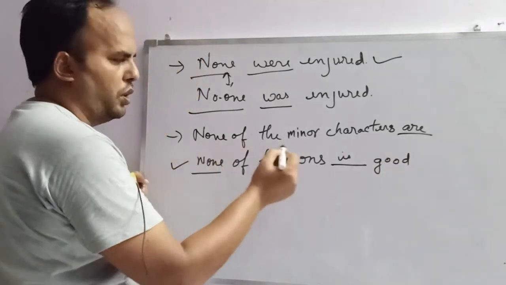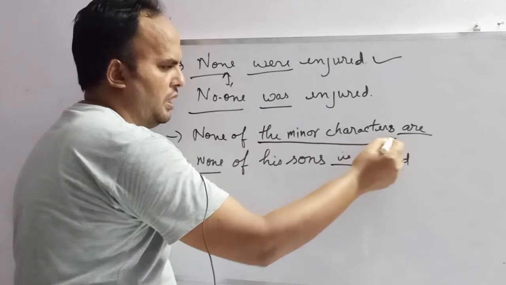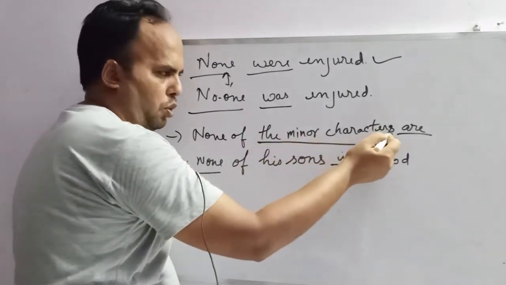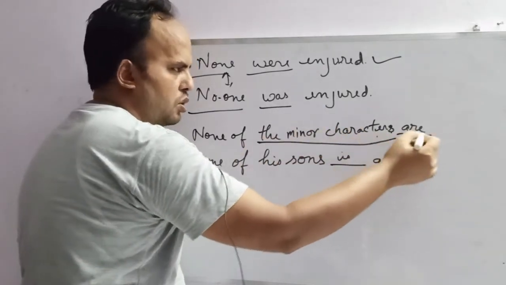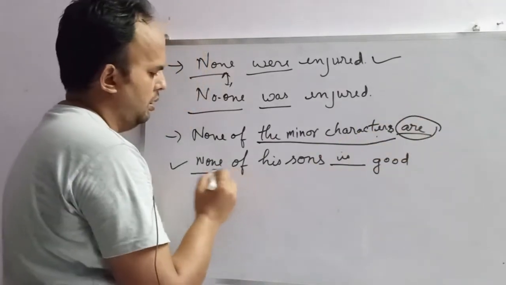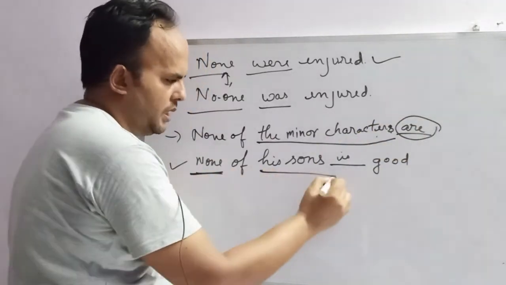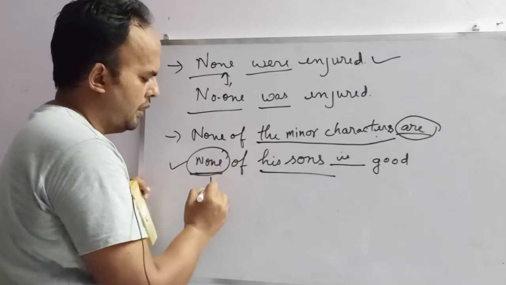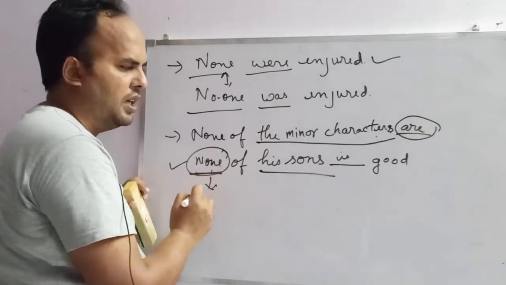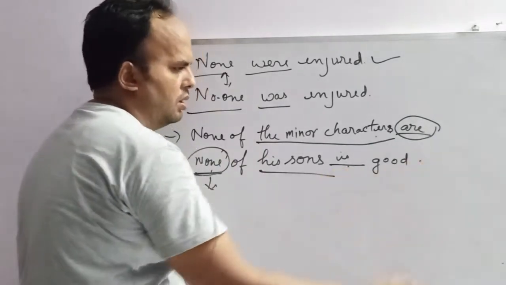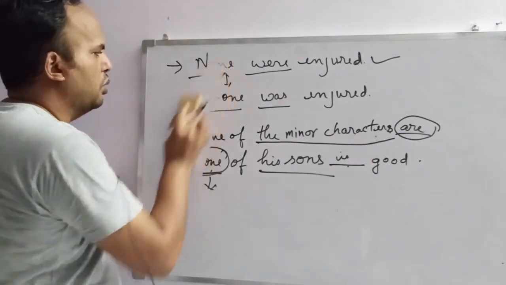Here the plural has come next to it, so we are using are. The sense of none is no one, therefore using similar.